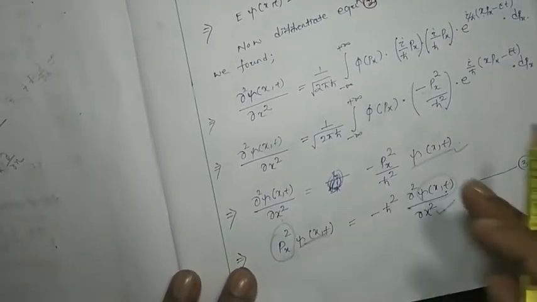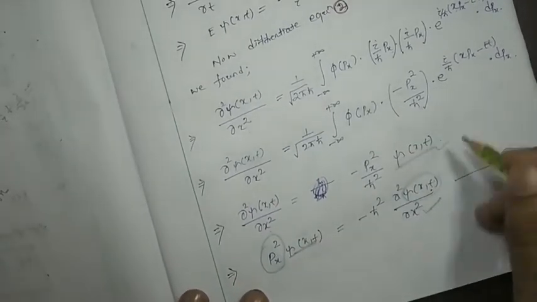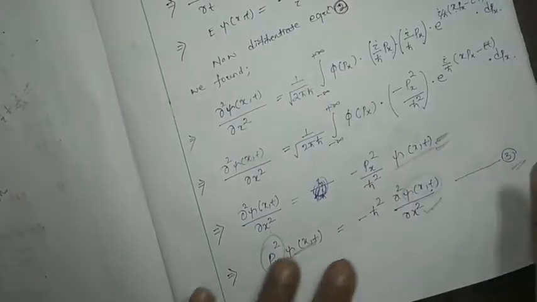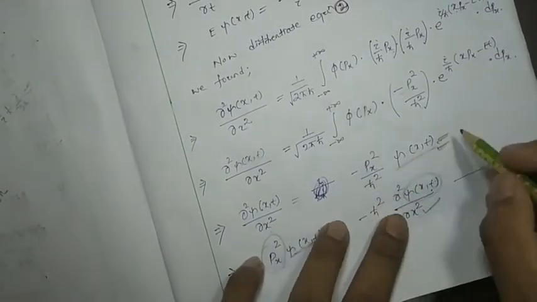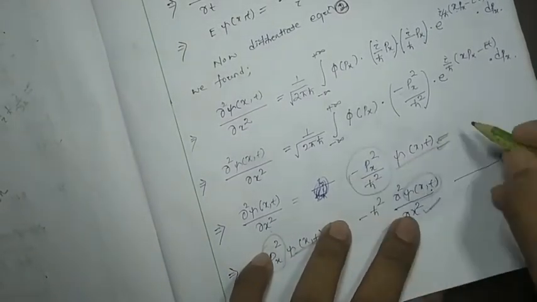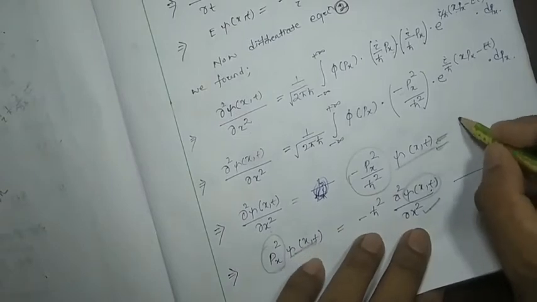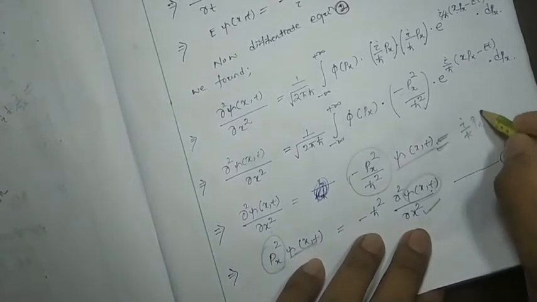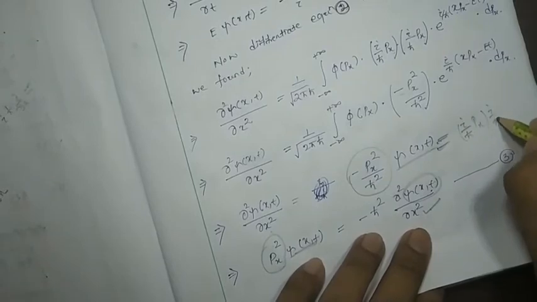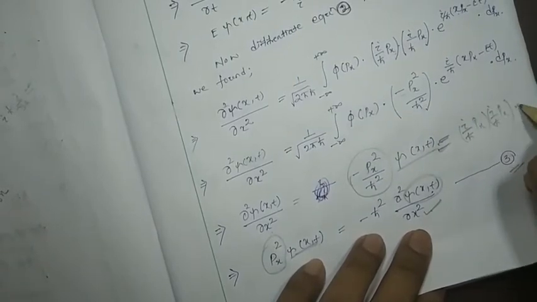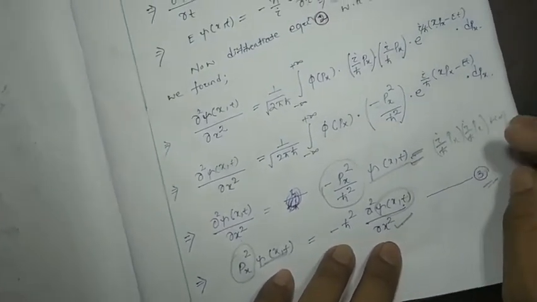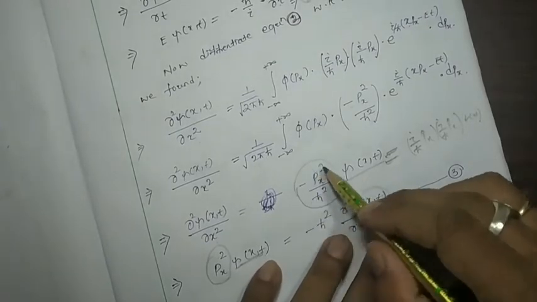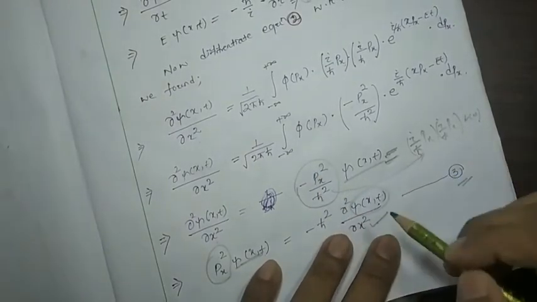So here I am going to write that this is nothing but i by h cross px into i by h cross px into psi(x,t), right? So instead of writing this much, this will be the answer.